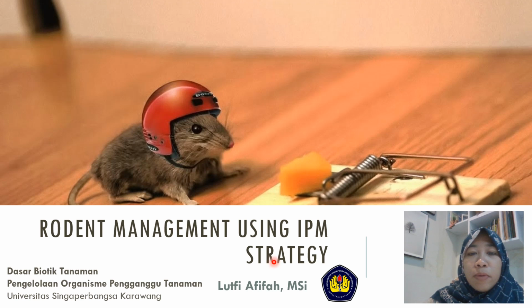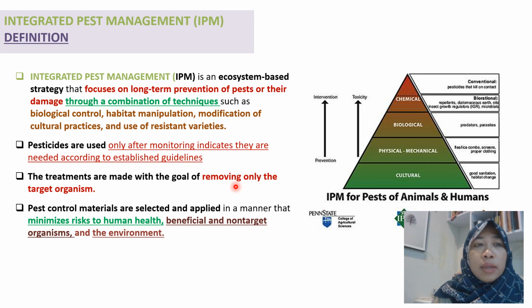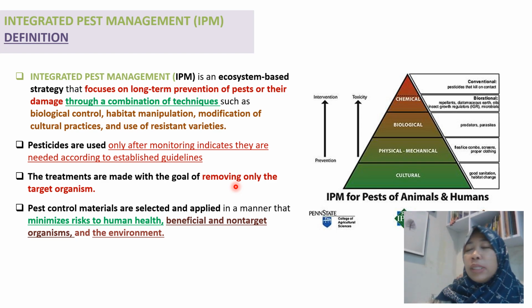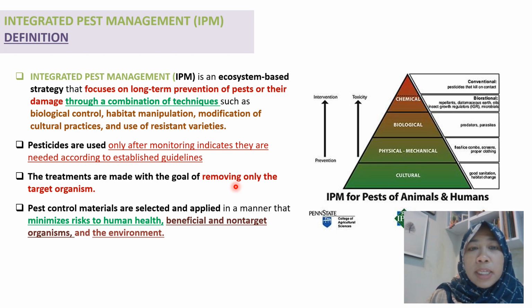Okay, now we move to the next slide. Before we start to study what kind of strategy we can use to combat the threat, the first thing we have to know is what integrated pest management is. Starting from the definition: integrated pest management, or IPM.